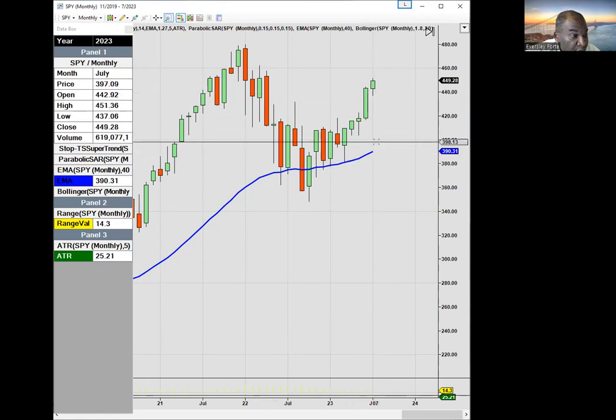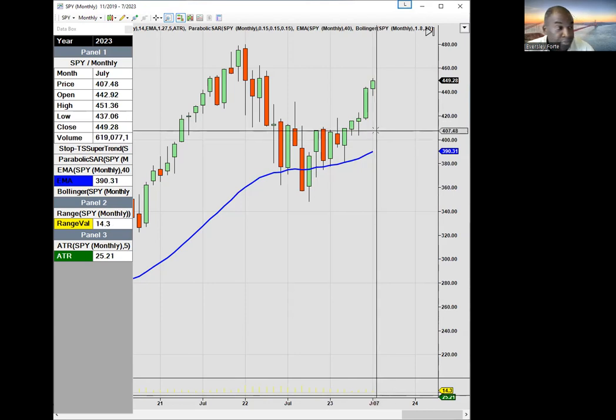We're in this massive uptrend. We've been in this massive uptrend since 2009. It's only been broken for a couple of weeks at a time during that period. And that's it. So here we are right again, still a massive uptrend in play.